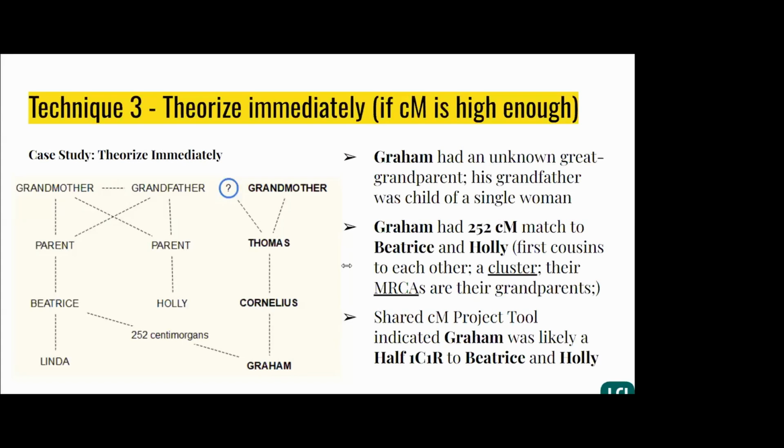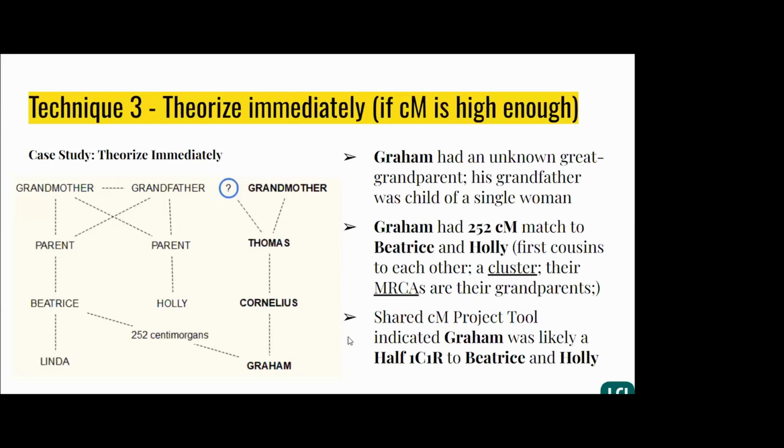So full cousins share one set of grandparents, like Beatrice and Holly, but half cousins only share one grandparent. Either they have a grandfather in common or a grandmother in common. And in this case, we knew it was a man we were looking for, not a woman, because up there on the top right, we knew who Graham's great-grandmother was. And we knew she was a single woman when she had her son, Thomas.